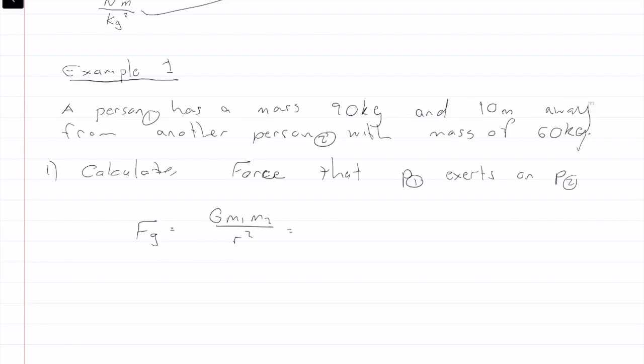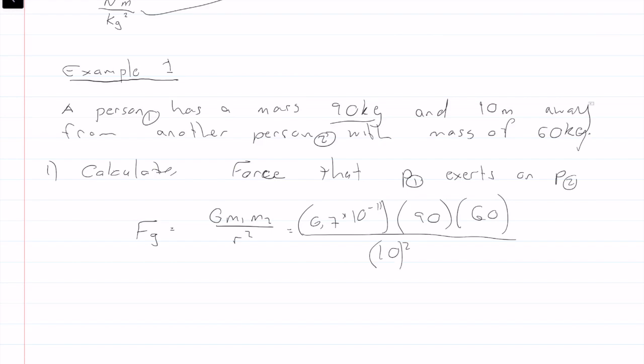We know what G is: 6.7 times 10 to the minus 11, times mass 1, which was 90 kilograms, times mass 2, which was 60 kilograms, over r squared, which is 10 squared. If we plug this into our calculator, we get a value of 3,618 times 10 to the minus 9 newtons.